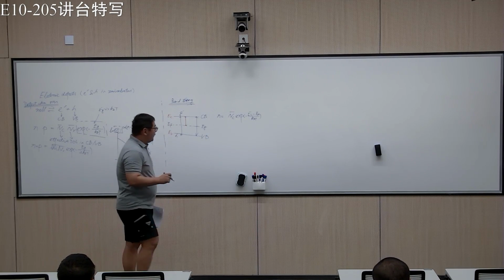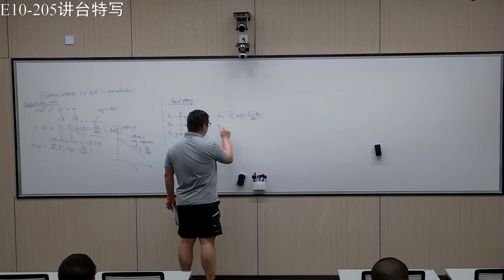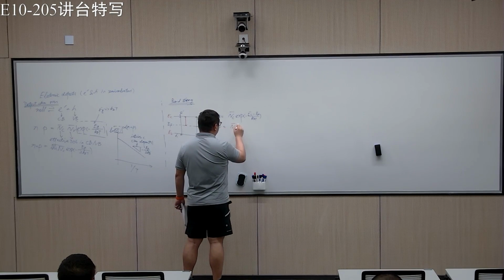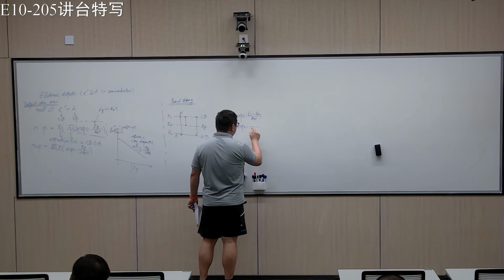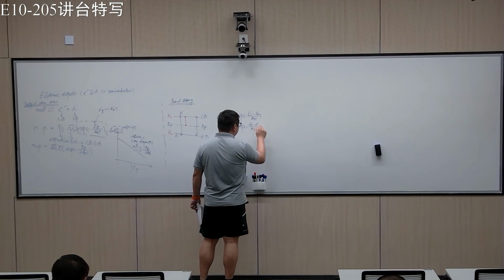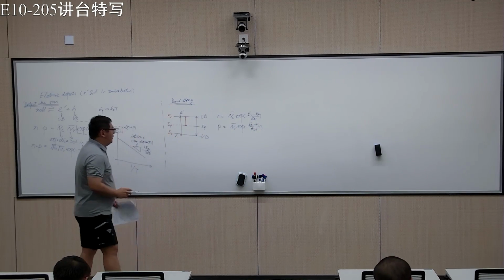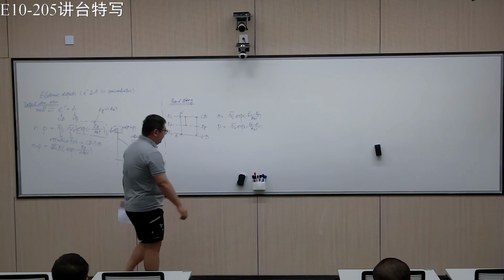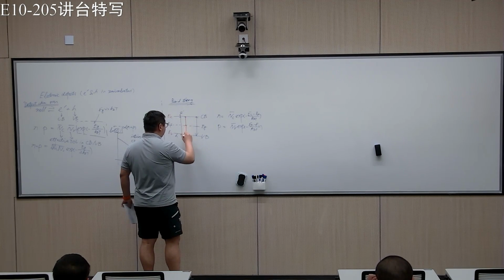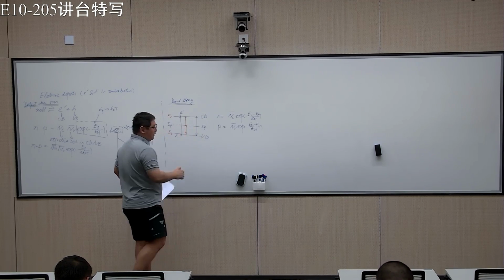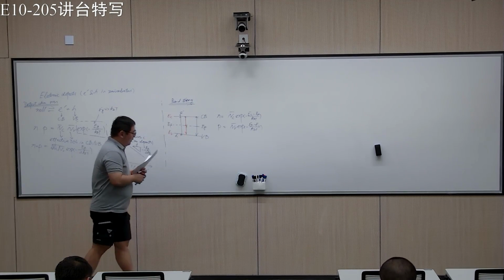We can also write the number of holes as Nv times the exponential of minus EF minus EV over kBT. So the distance here is this guy here.